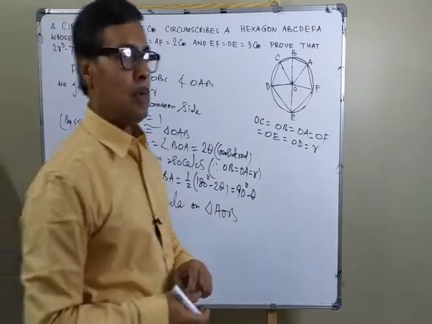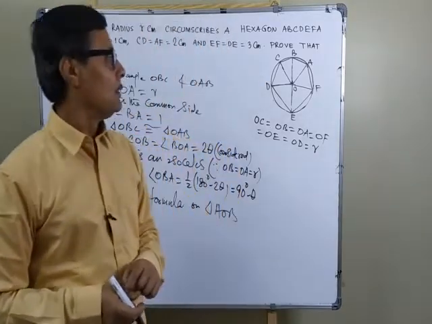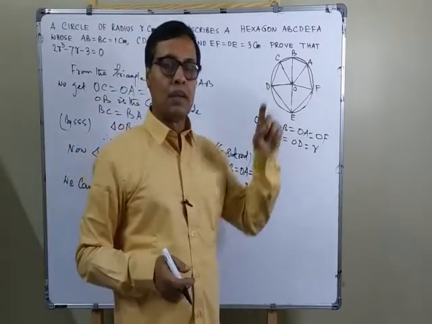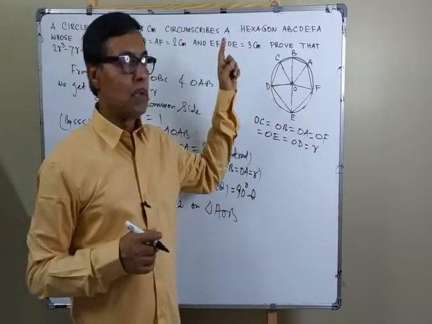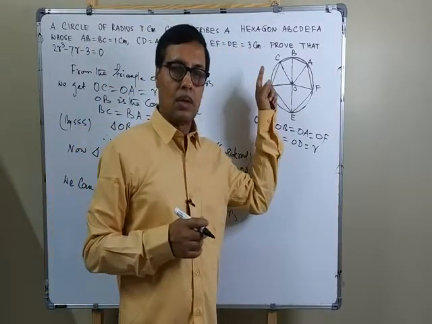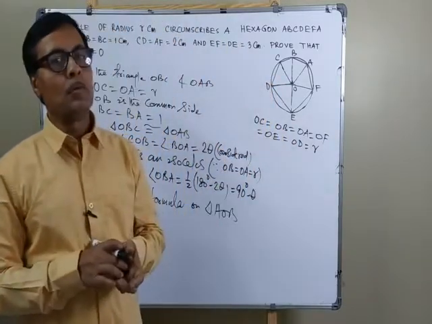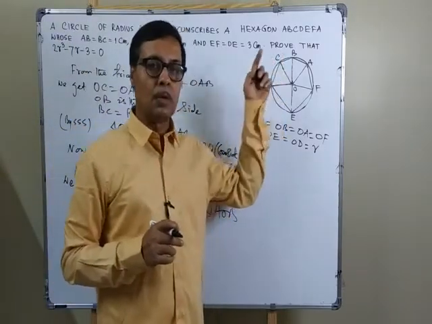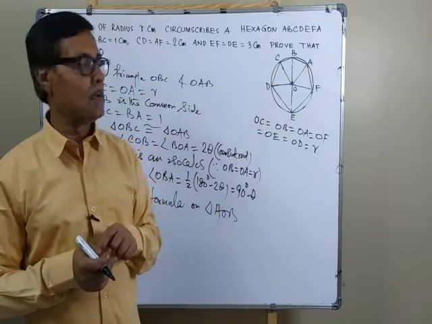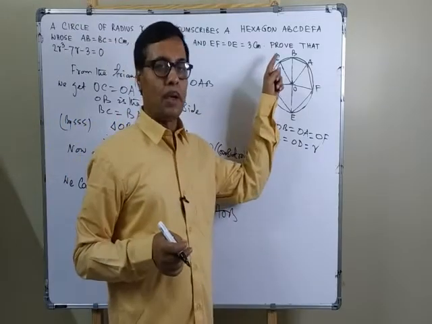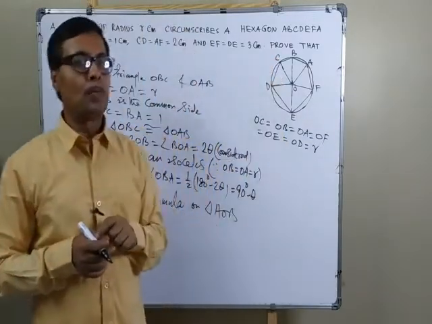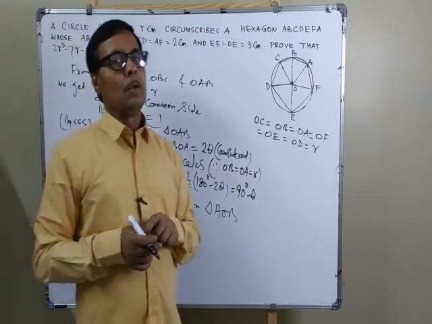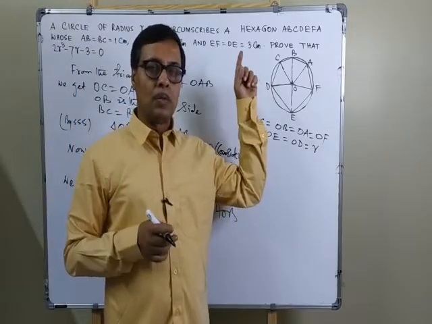What is the sine formula of a triangle? This formula is that the three sides of a triangle are proportional to the sines of their opposite angles.